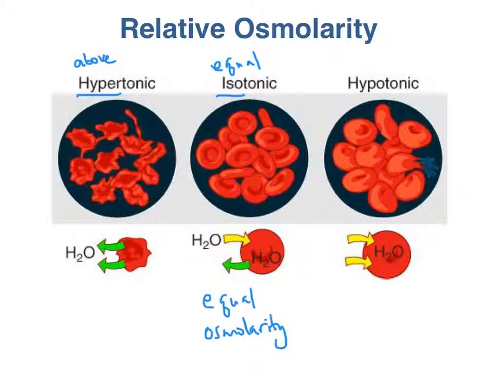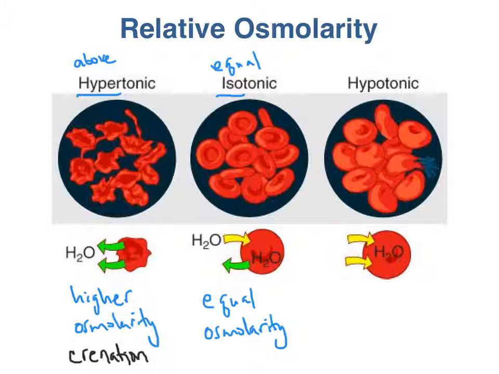So a solution that's hypertonic is a solution with a greater osmolarity, meaning that solution has more solute particles than the inside of the cell, and water is going to be drawn out of the cell into the surrounding solution with its higher tonicity. The net effect is a process called crenation, which basically means shrinking or shriveling. As water is drawn out of the red blood cells, they shrivel up.